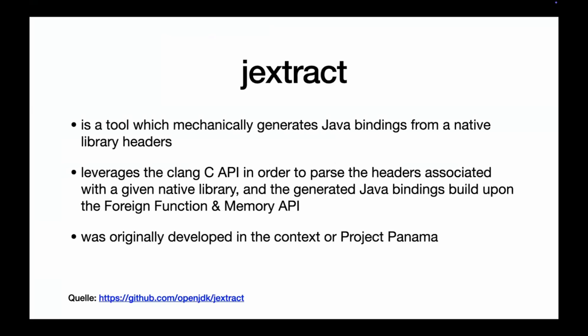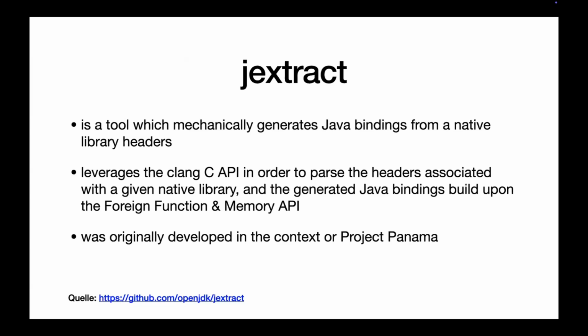And this help is a tool called JExtract, and you can tell JExtract which native library you want to use, and it generates some Java code for you. It generates memory layouts for you and everything. And as a result, you have kind of helper classes and helper functions which you can call.